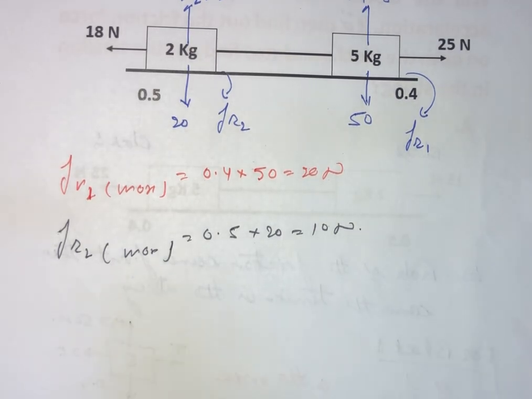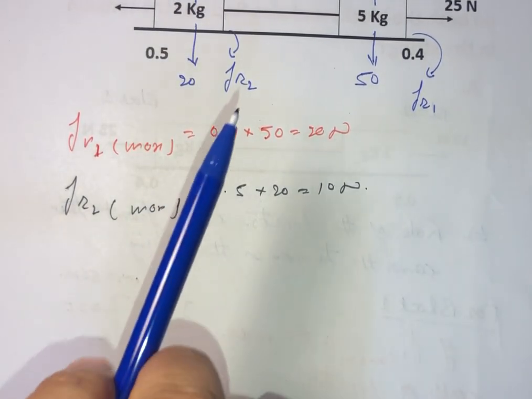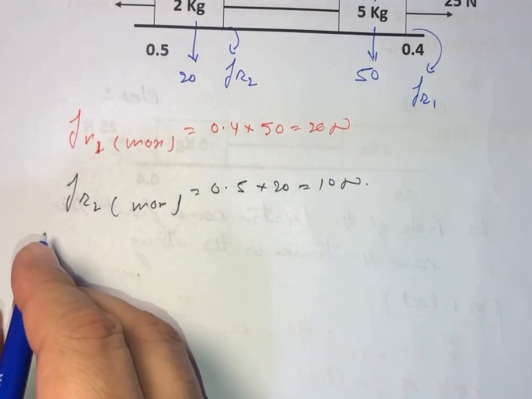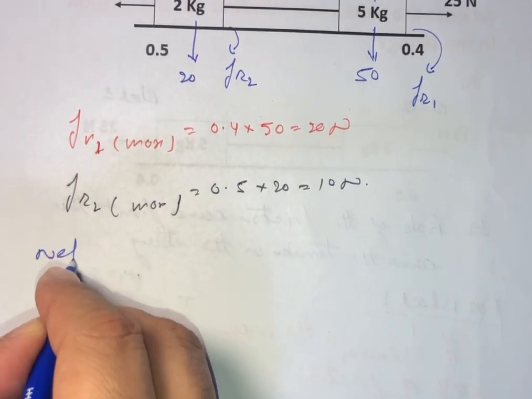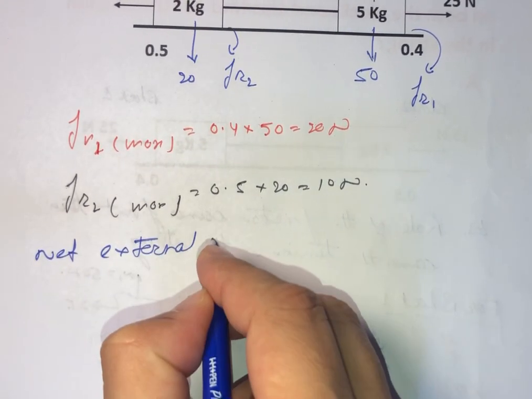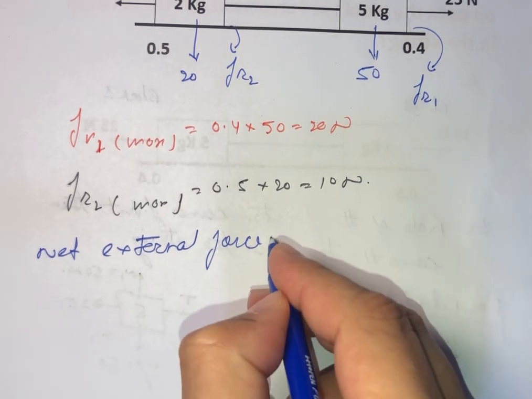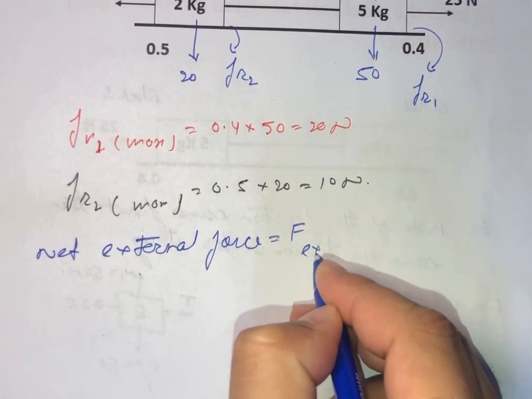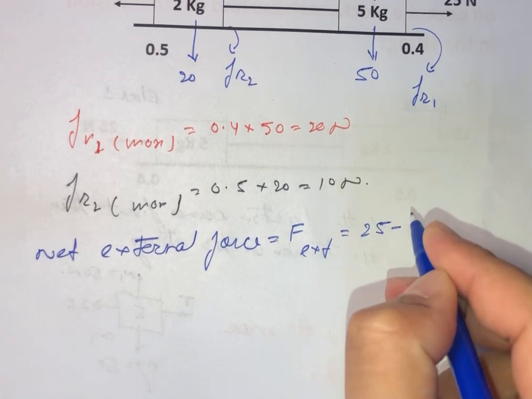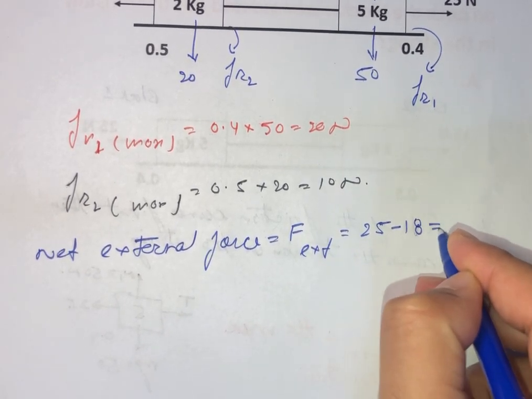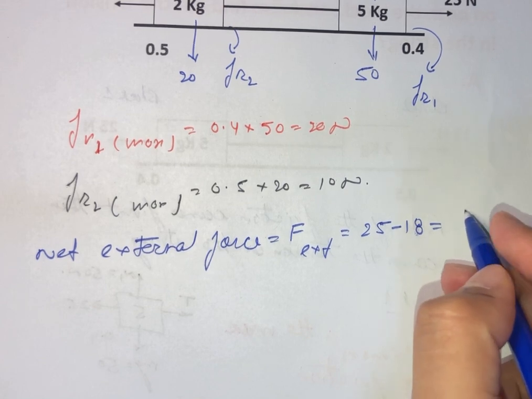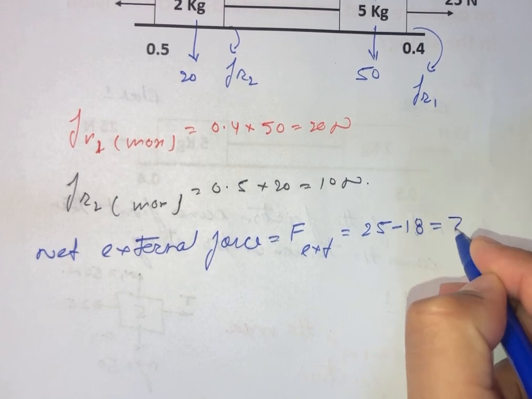And once again we are going to find out the net external force, which we denote by F external, and it is equal to 25 minus 18 Newton, which comes as 7 Newton.